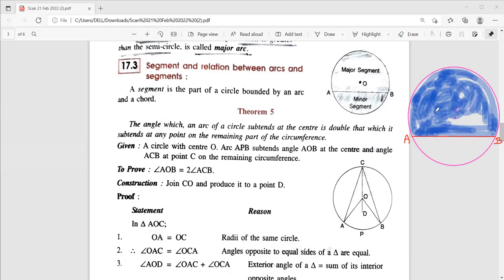So the part of the circle which is bounded, you understand bounded meaning? Bounded means there is a boundary. So what is the boundary of this blue shaded region? The boundary is one side it is arc and the other side it is chord. See, this is one segment.